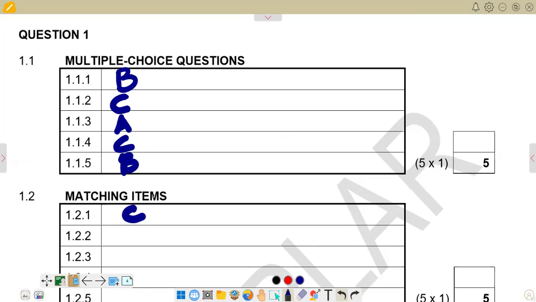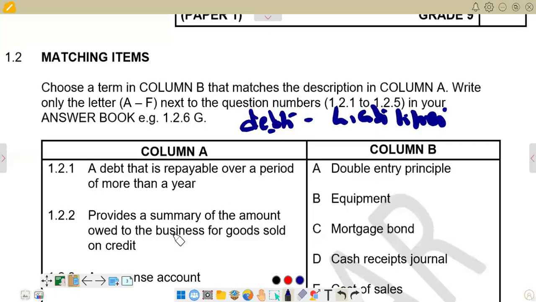The next question reads: provides a summary of the amount owed to the business for goods sold on credit. So remember, when we are selling goods on credit, we regard the people or the businesses that we are selling goods to on credit as our debtors.